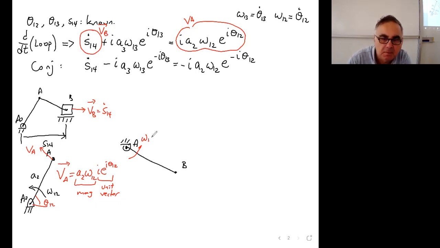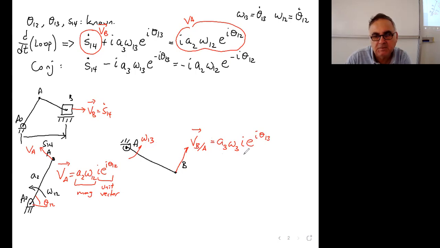In this case, the velocity of B with respect to A would be A3 omega 3, right? This is the magnitude, this is the direction.